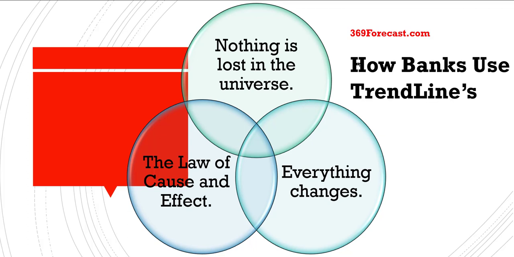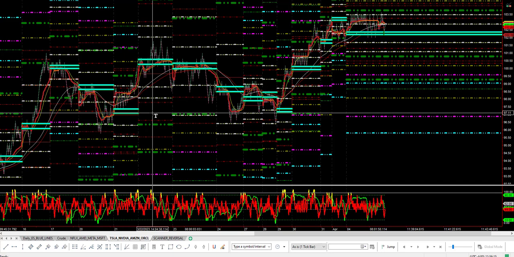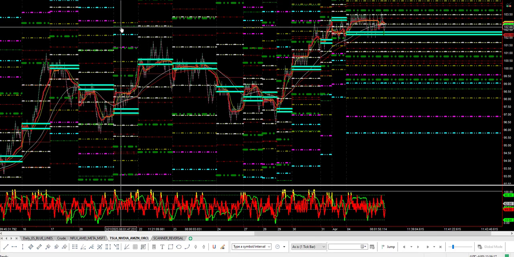Once you receive these points every day, what is the context you can derive from applying this law? Here we have opened up the chart of Amazon. Now it doesn't matter which chart.